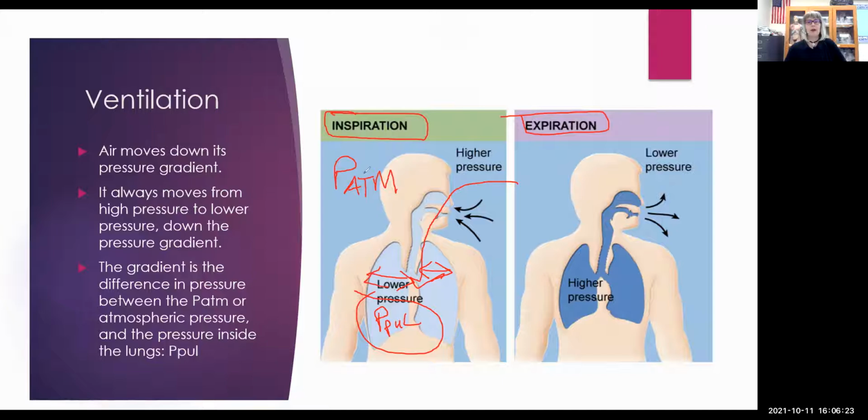And so we want to go down the partial pressure gradient from a higher pressure outside to a lower pressure inside. So if we go down the pressure gradient, it's like rolling a ball down a hill. We're going down the gradient, so there's no effort. So air moves down the pressure gradient. Air is always allowed to move in from an area of high pressure to a low pressure, down that pressure gradient. The gradient is therefore the difference between the P-atm and the P-pul, okay?